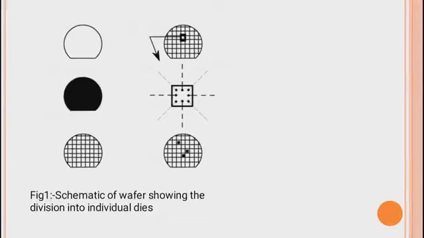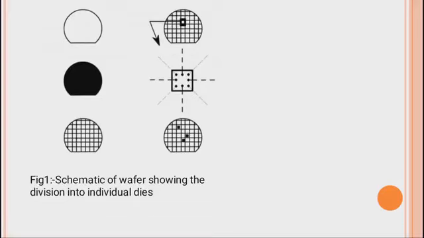So if you want to fabricate an IC, the main starting material will be a wafer. A wafer can be made from different kinds of semiconductor material, but in IC fabrication we basically choose the most available material, which is silicon.